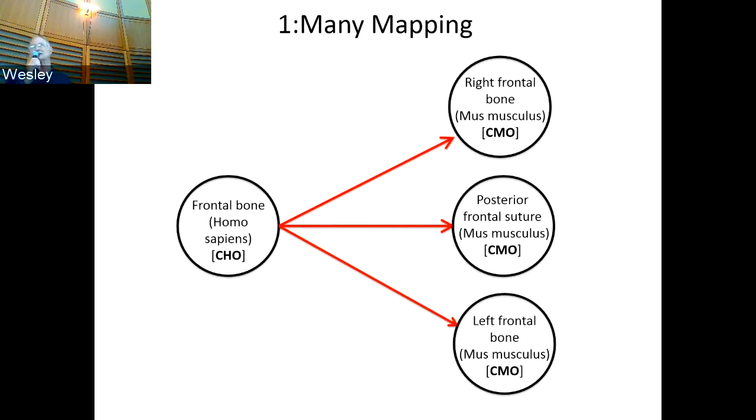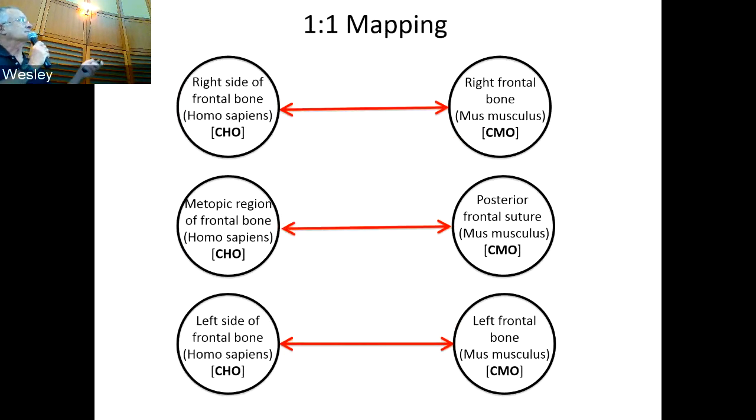Here's another potential kind of mapping, a one-to-many mapping, where you might have the frontal bone of the human as a single structure, whereas they're separate structures in the mouse. You might want to try to represent that. Another approach that ONARD and Todd have taken is to divide the frontal bone into arbitrary regions that don't actually exist in the adult, but they're useful, so that you can basically say that the right side of the frontal bone, even though it's not really separate from these other parts of the bone in the human, does map one-to-one to these separate bones in the mouse.